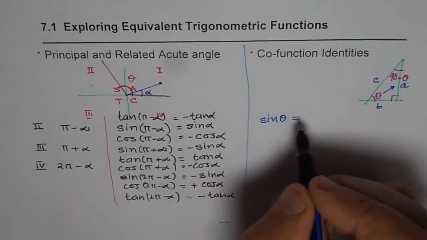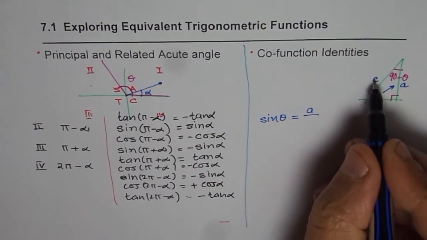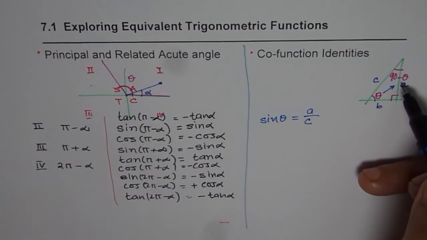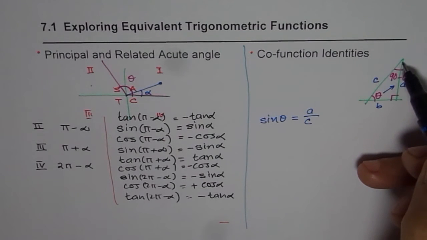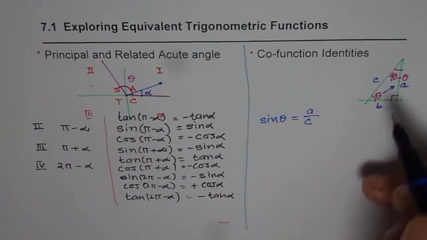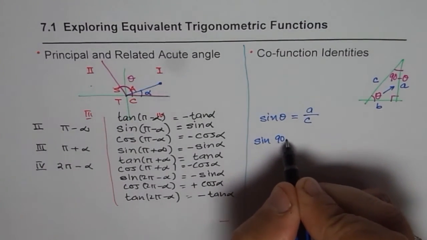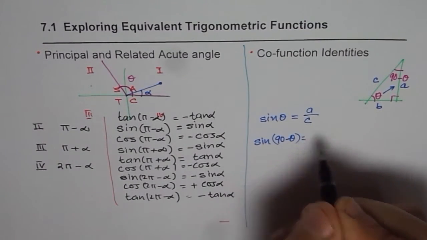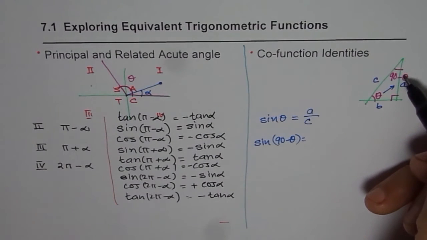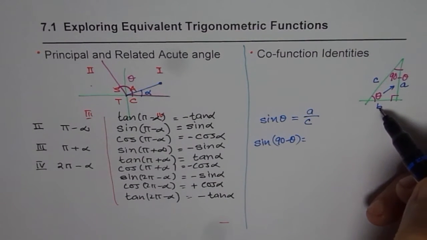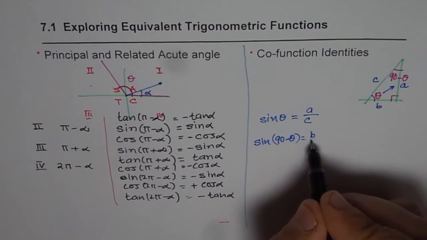Sine theta is equal to A over C. Is that okay? Now, if you look from the 90 minus theta side, then what is sine of 90 minus theta? The other angle has to be 90 minus theta, right? So from that side, sine of 90 minus theta is B over C, correct?